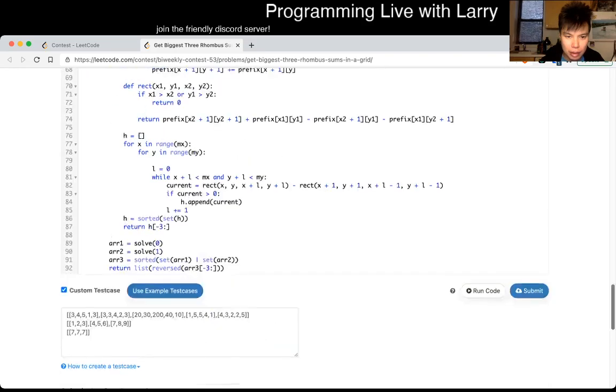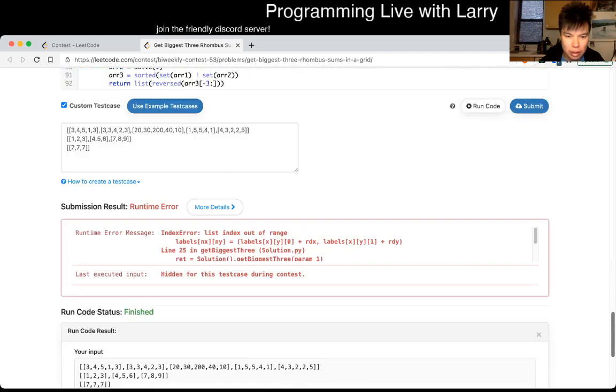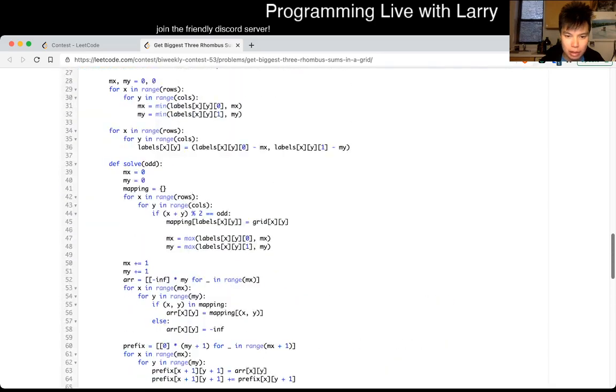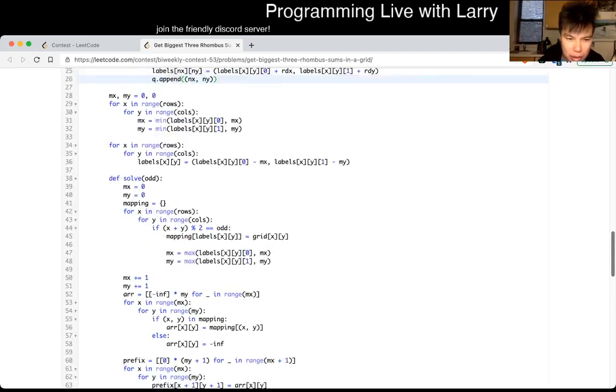It's not in the if statement, so the if statement is okay. That means the xy is wrong. Why is xy wrong? Do we update it to something weird? Is that why?